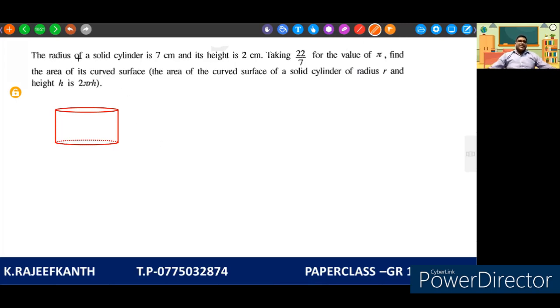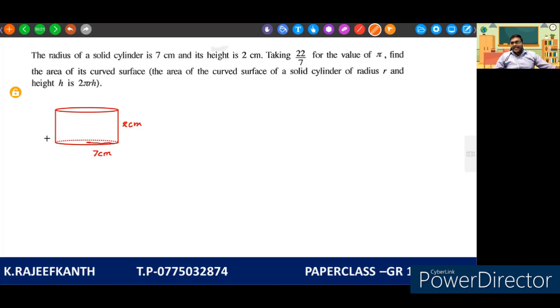Right. The radius of a solid cylinder is 7 centimeter. So here we will mark the radius. Radius is 7 centimeter, and the height is 2 centimeter. Here in this cylinder, there are two circular face surfaces and another one curved surface.